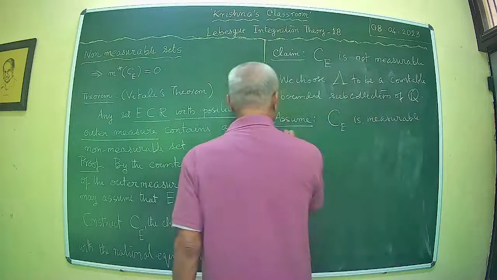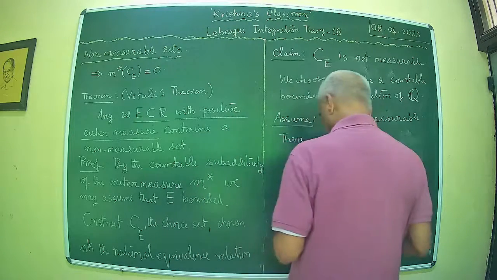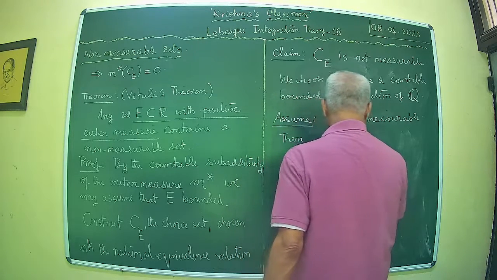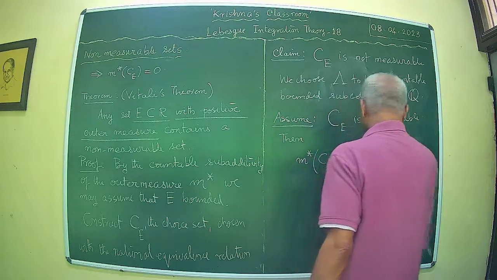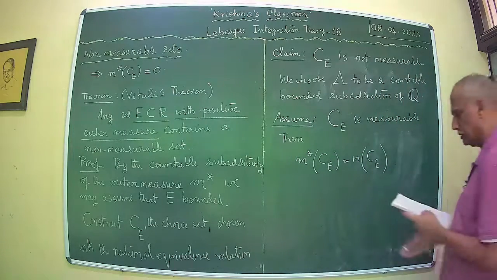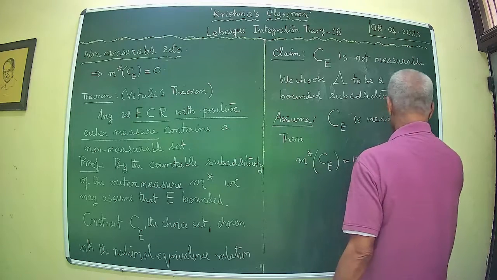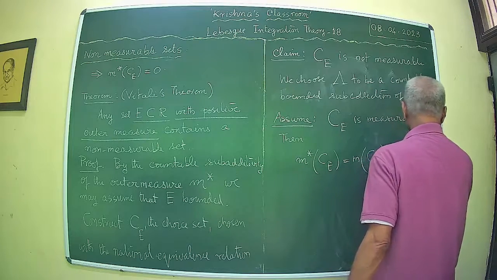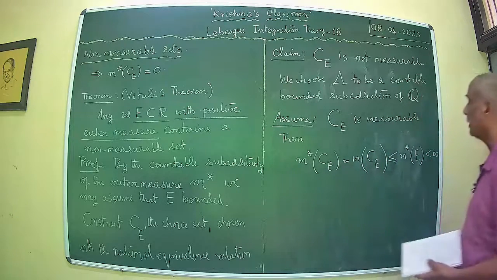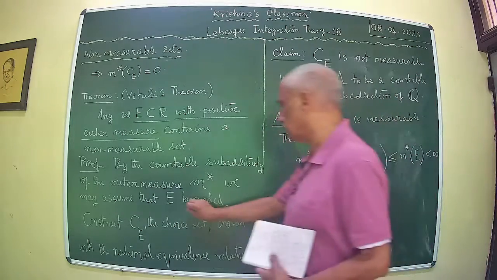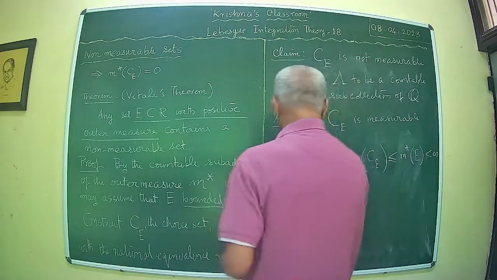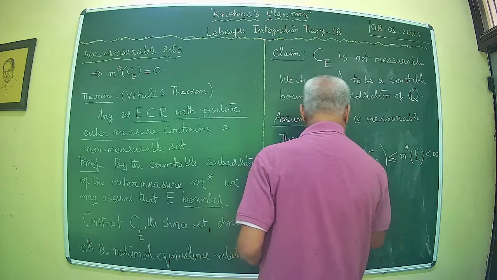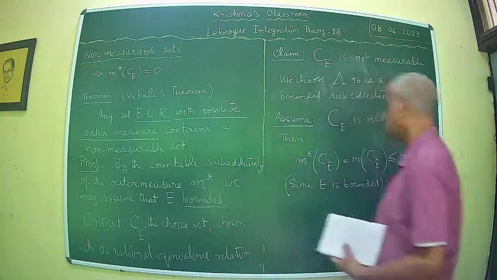Then what we have is this: m star of C is less than or equal to m star of E, and this is less than infinity, since E is bounded.